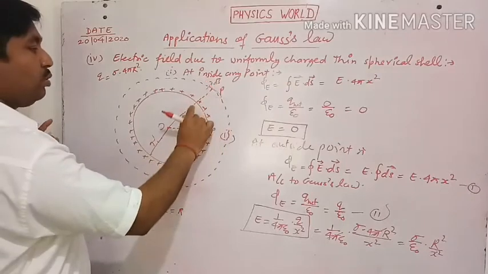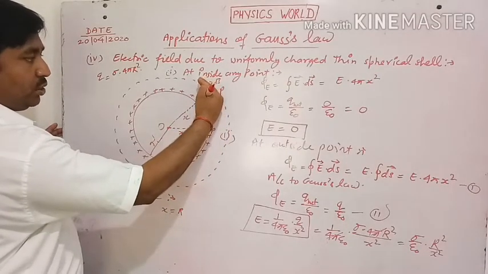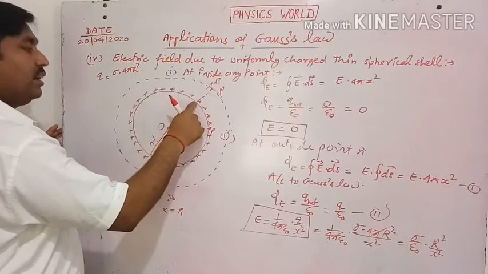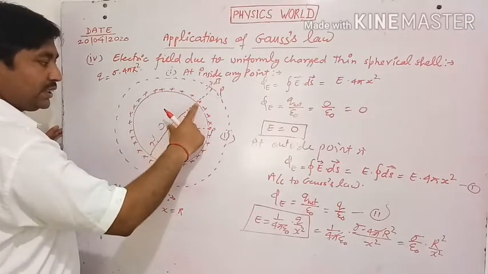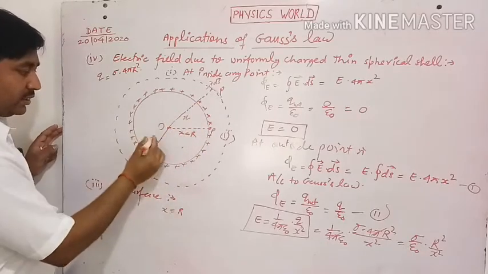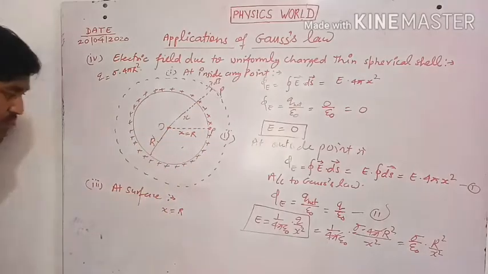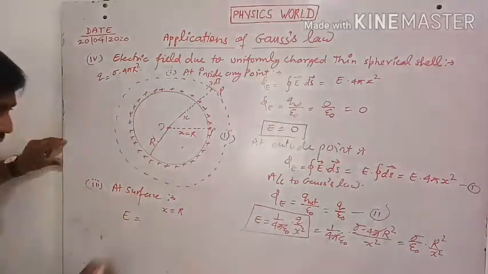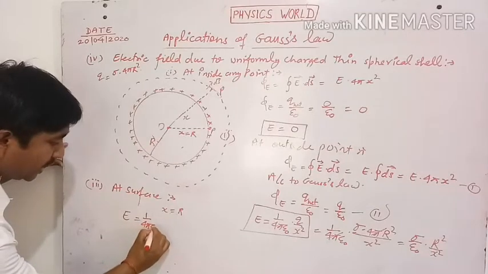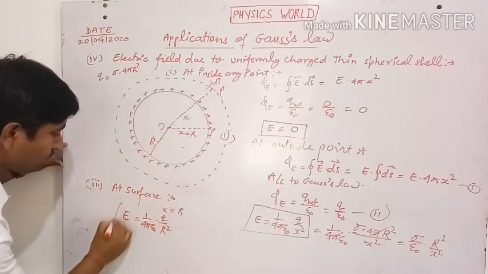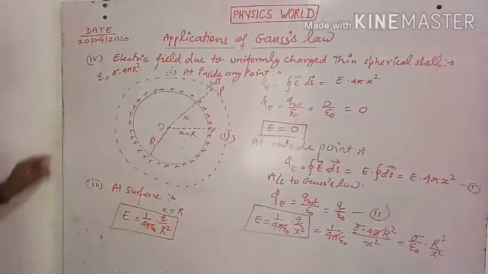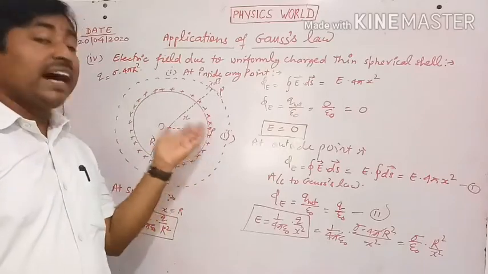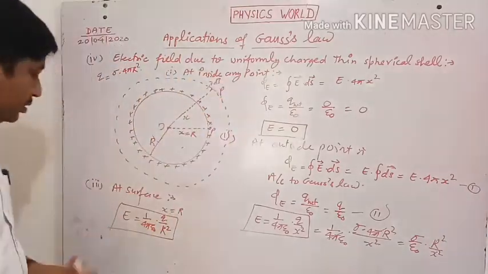If we reduce the value of x slowly and reach a point on the surface whose distance is equal to r, then x is equal to r. By putting it, we get E is 1 upon 4 pi epsilon naught q upon r square. This is the formula for the electric field intensity due to a thin spherical surface at a point on its surface.